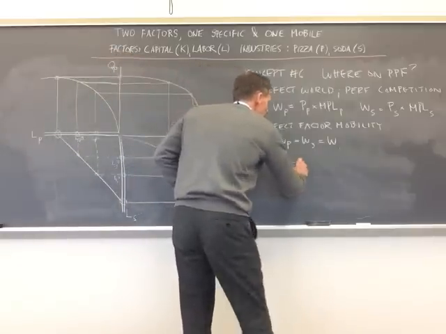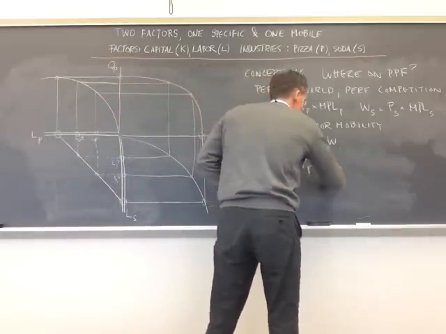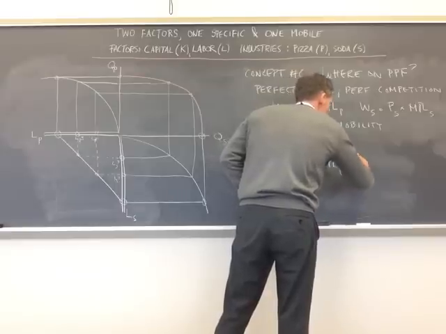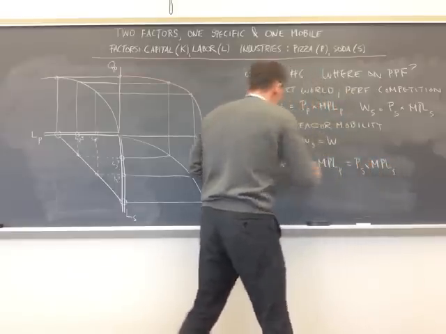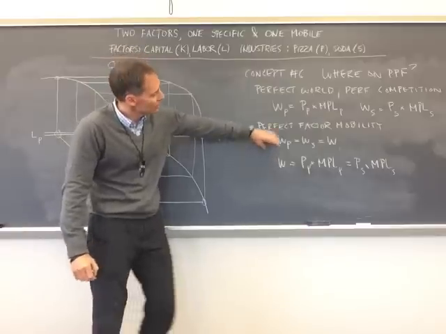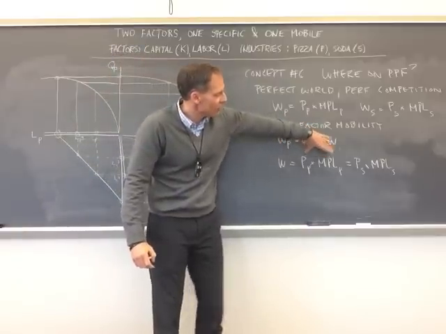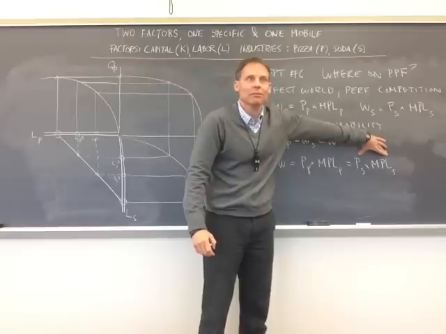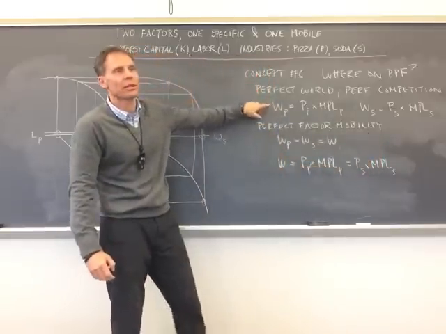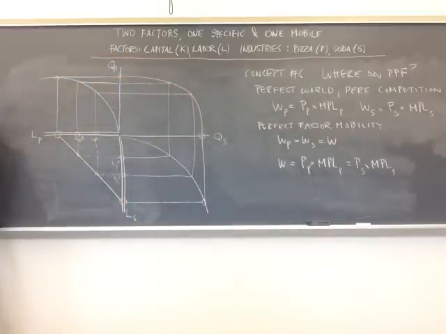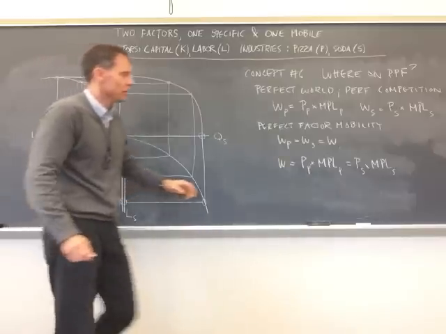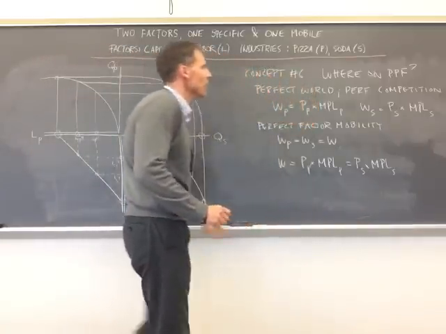But now we see that the wage rate in both industries is going to be equal to the value of marginal product in each industry, because they're both equal to the wage rate, and the wage rate is equal to each other. And now you can see that one could easily play around with this.